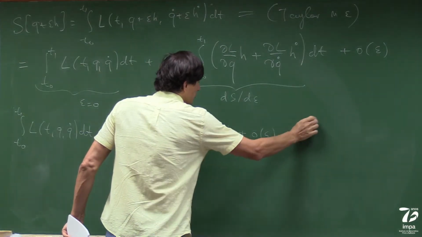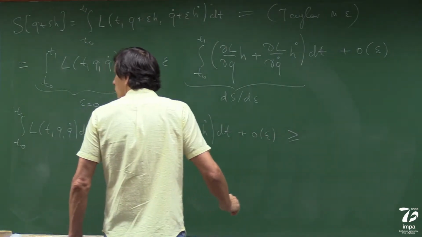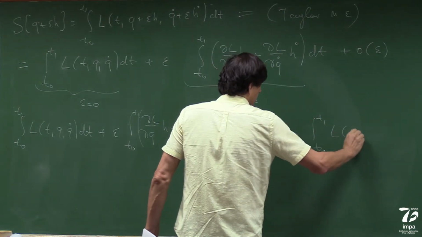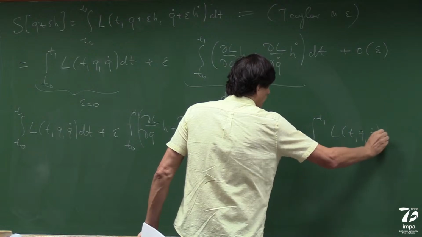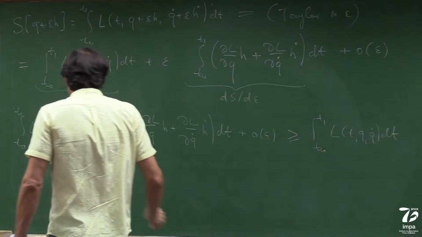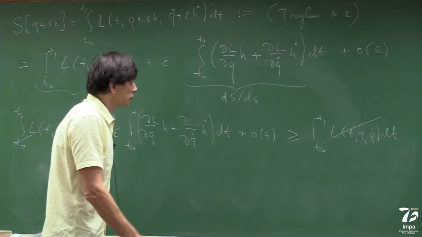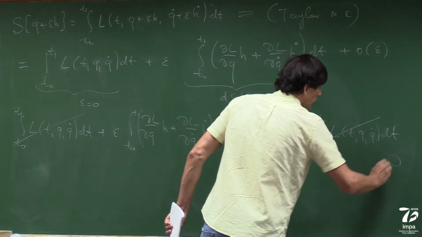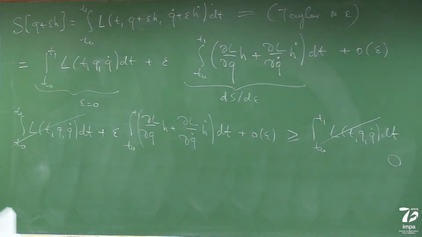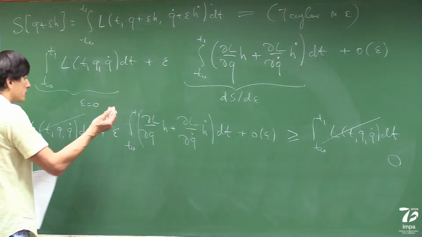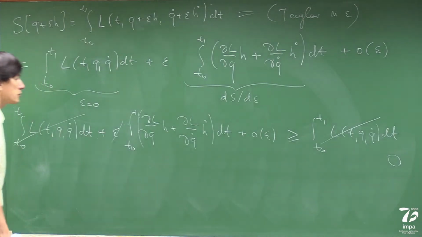And it should be bigger or equal to this other integral. So the first terms obviously cancel, so you put 0 here. And then when you put 0, you can also cancel epsilon, right? Because epsilon is non-zero. 0 epsilon is not of interest.